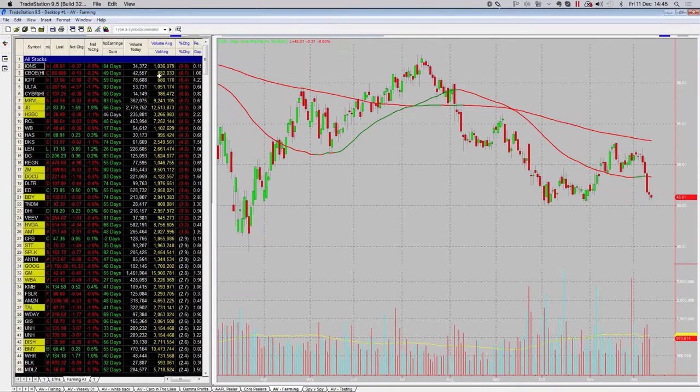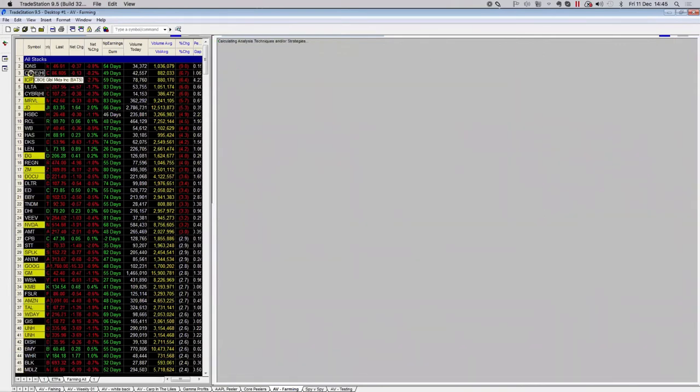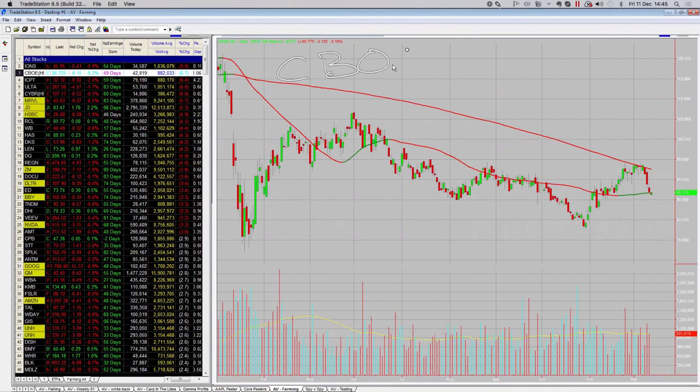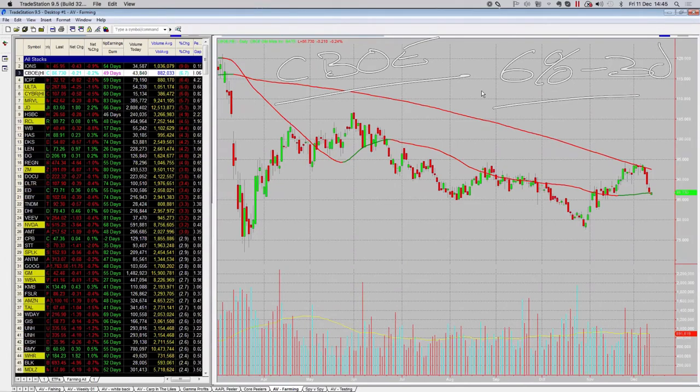So CBOE, 6.7%. 6% in 3 days. Step number 1, mechanical reason to look at the charts. Step number 2, visual inspection.